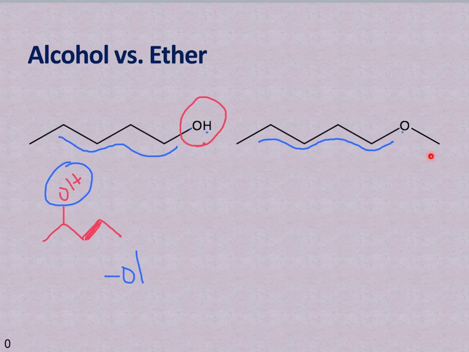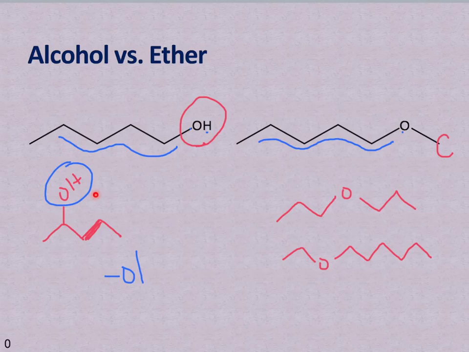And it can be any number of carbon atoms, but remember the end of a line represents a carbon, so we've replaced that hydrogen with a carbon. And I can have a lot of different variations on the ether as well. I can have different numbers of carbons on each side of my oxygen. So lots of different ways to arrange it, but the distinguishing thing is the presence of the oxygen carbon bond, rather than the oxygen hydrogen bond that we see here in alcohols.